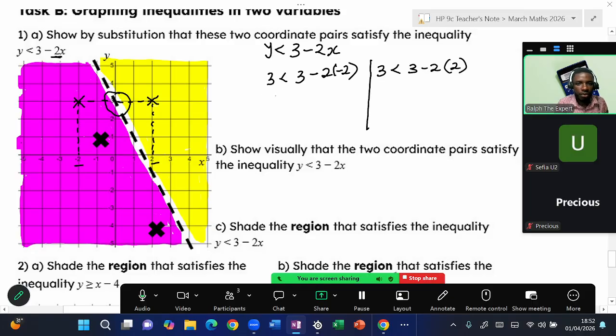So let's solve the first one. The first one says 3 less than 3 minus 4, which means 3 less than -1.